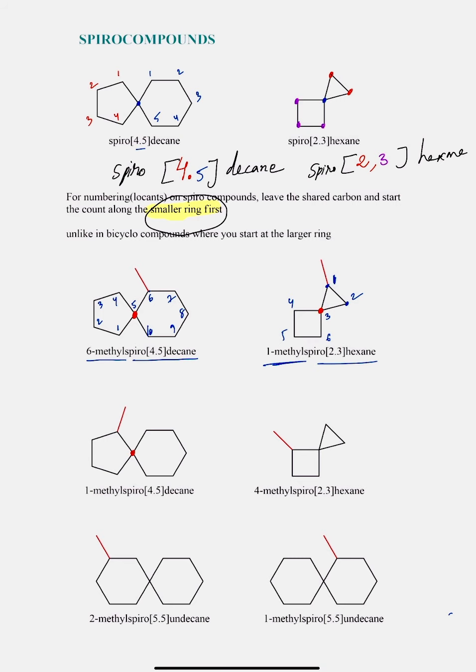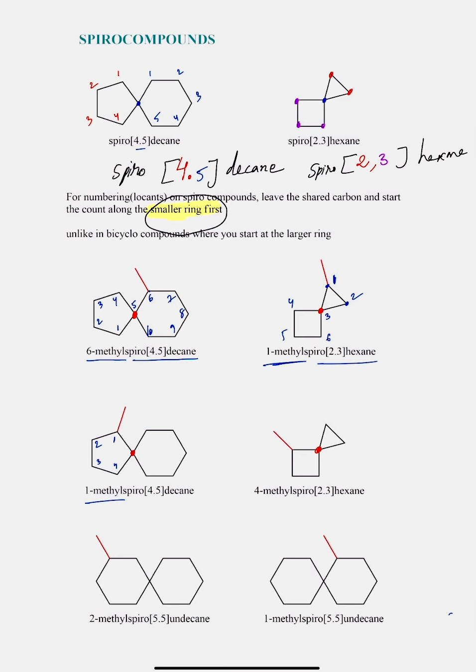Next I leave the common carbon, I start with the smaller ring, and obviously I'll start on the side where the methyl group is attached, so that I get the lowest sum. I satisfy the lowest sum rule, so the name is 1-methyl spiro[4.5]decane.